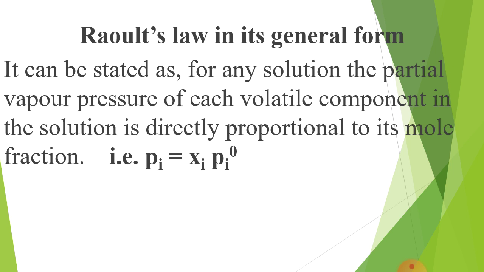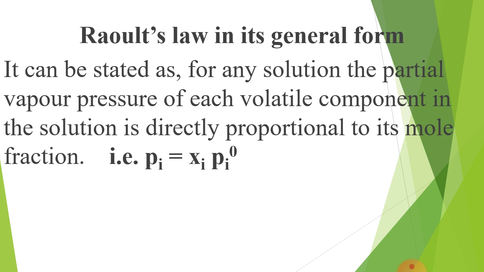Now Raoult's law in its general form. If nothing is given about whether the components are volatile or non-volatile, in that condition you can state that for any solution the partial vapor pressure of each volatile component in the solution is directly proportional to its mole fraction, that is Pi equal to Xi P naught i.